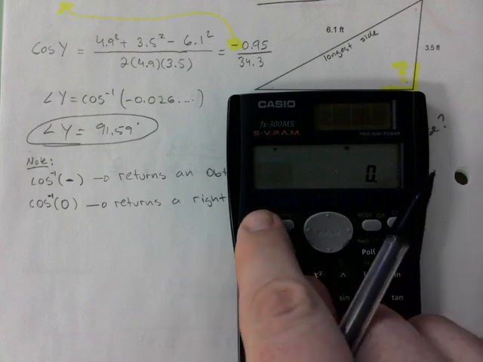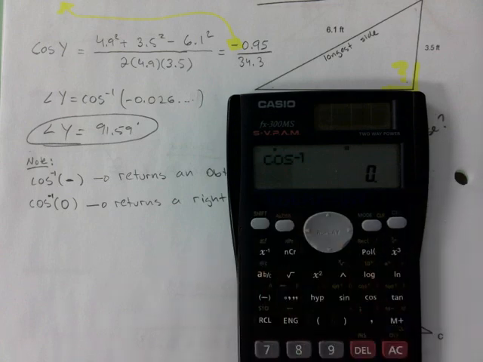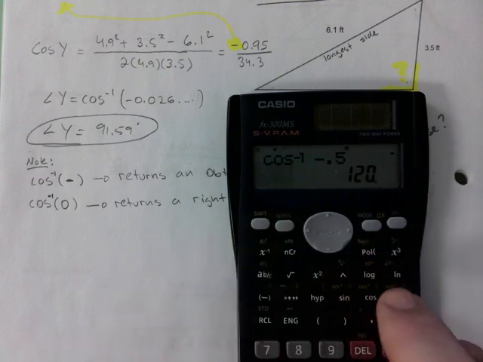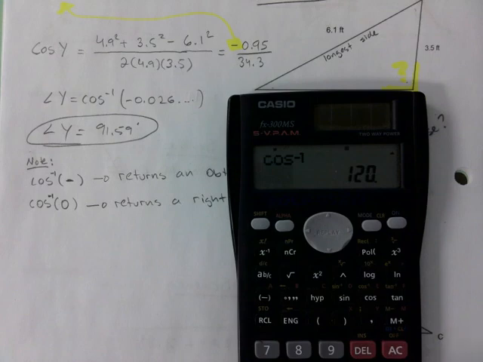If you go shift cosine, right? If you're trying to do the inverse of a negative number, so negative 0.5, let's say, you get an obtuse angle. It's 120 degrees in this case. If you go shift cosine and you happen to get 0, the inverse of 0 is 90, exactly 90 degrees.